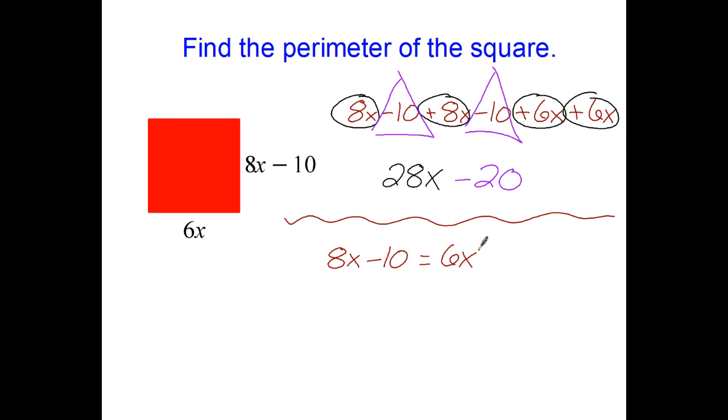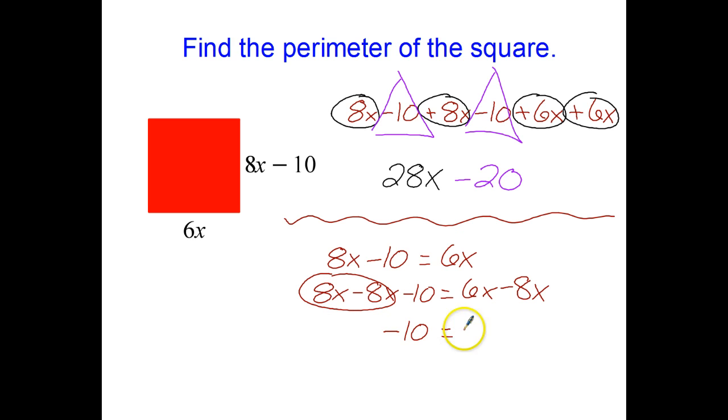So if those two sides are equal to each other, let's combine like terms. So let's subtract 8x from both sides. So negative 10 is equal to negative 2x. So x should be equal to positive 5.